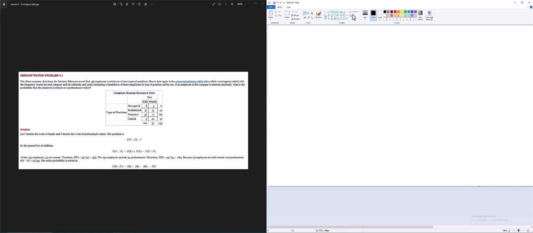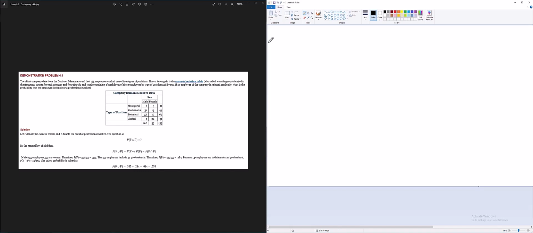In this example, we're going to look at a demonstration problem that has to do with the contingency table or the cross tabulation table. The data that we're looking at is about the employees in the company, and they are categorized by two factors.